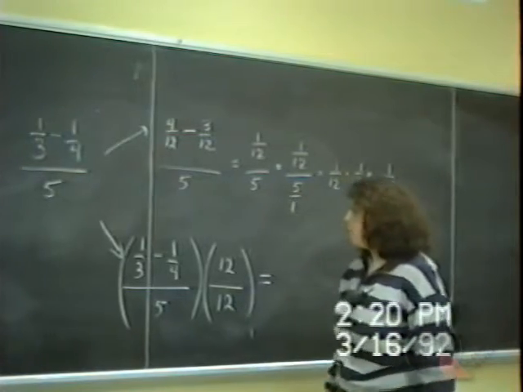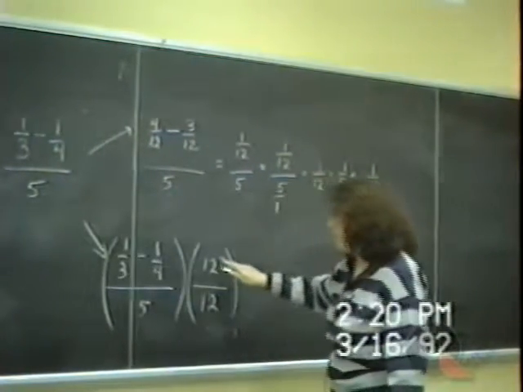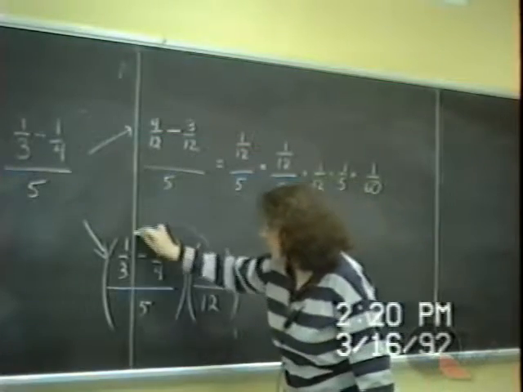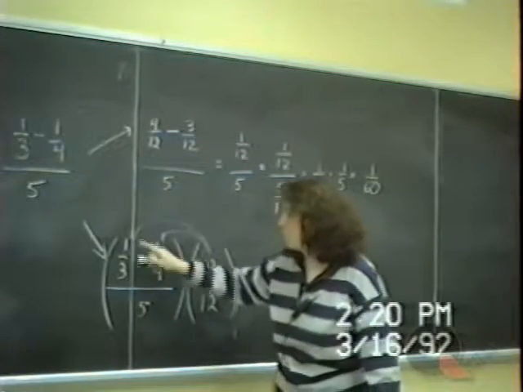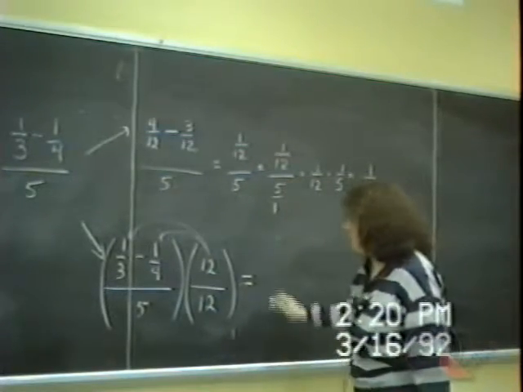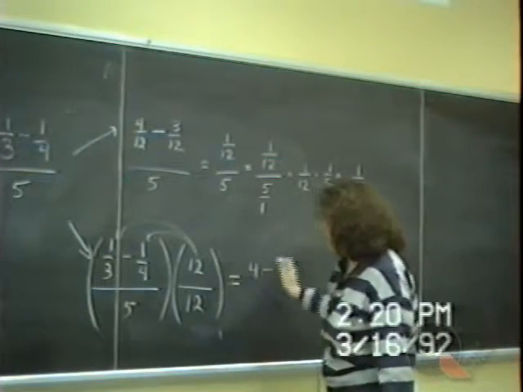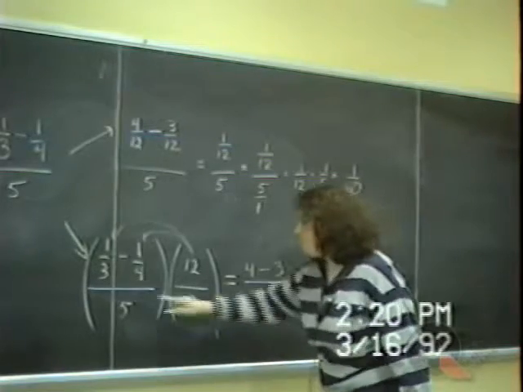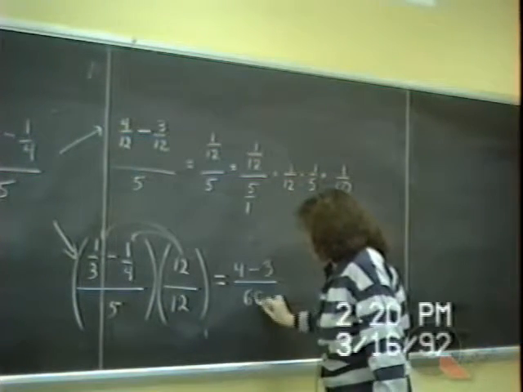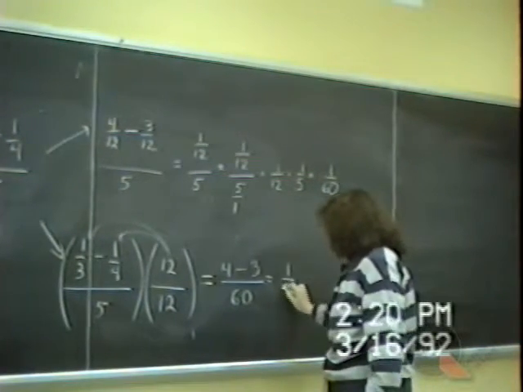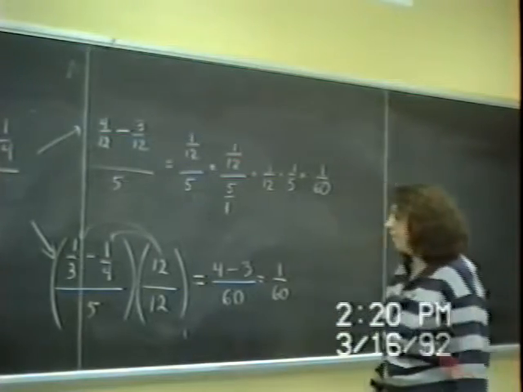Now let's see what happens. We have 1/3 times 12. We have to distribute the 12 through the parentheses. So it's 1/3 times 12, which is 4, minus 1/4 times 12, which is 3, over 5 times 12, which is 60, giving us, of course, the same answer of 1/60th.